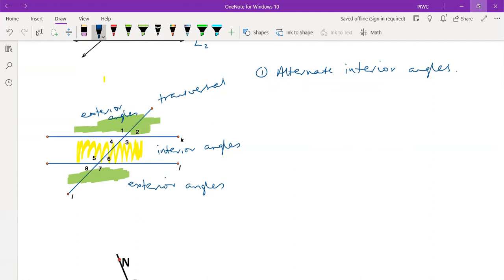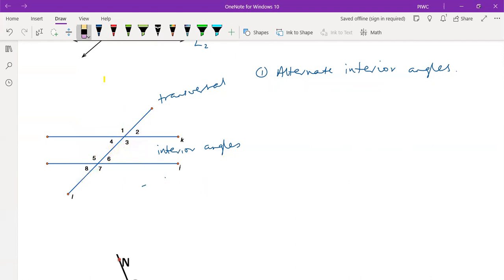Okay, the outside of the parallel lines. So when you talk about alternate interior angles, the angles that we are looking at will be the angles between the two lines.